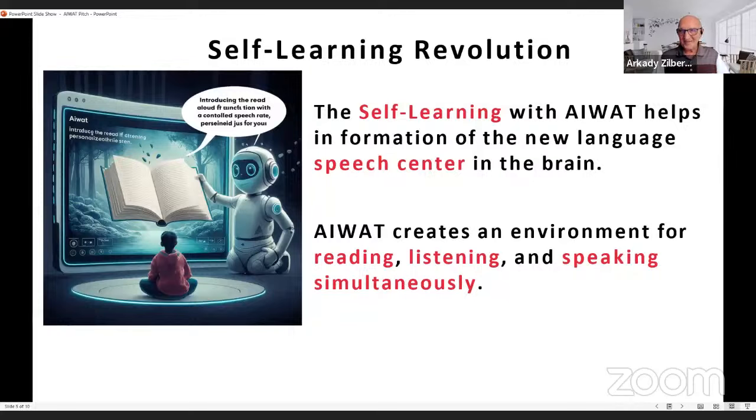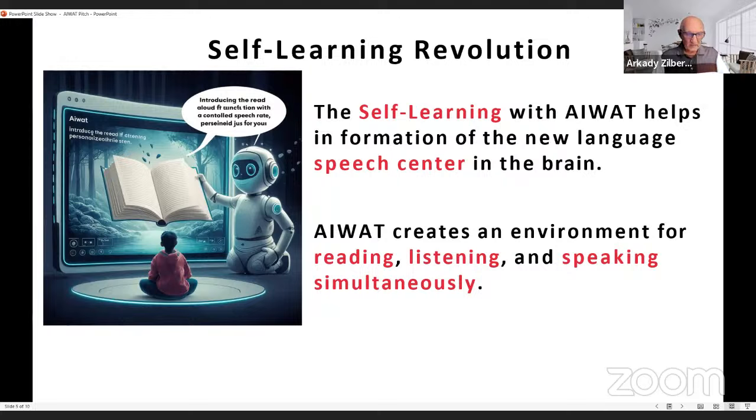They cannot, because they cannot create an environment for reading, listening, and speaking simultaneously. But what does that mean? It means only that teachers should become coaches, guiding learners in their self-learning.